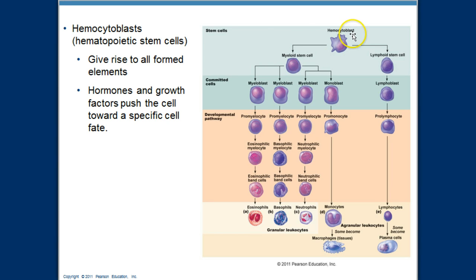And this is one of the cell populations that people refer to when they talk about adult stem cells. So the hemocytoblast can keep going through mitosis after mitosis. One of its daughter cells will go on to complete one of these developmental pathways, and the other daughter cell will remain a hemocytoblast and go through mitosis again and keep replenishing your blood cells.